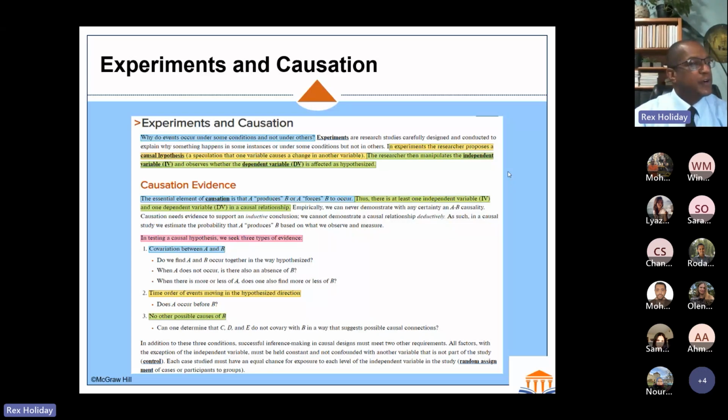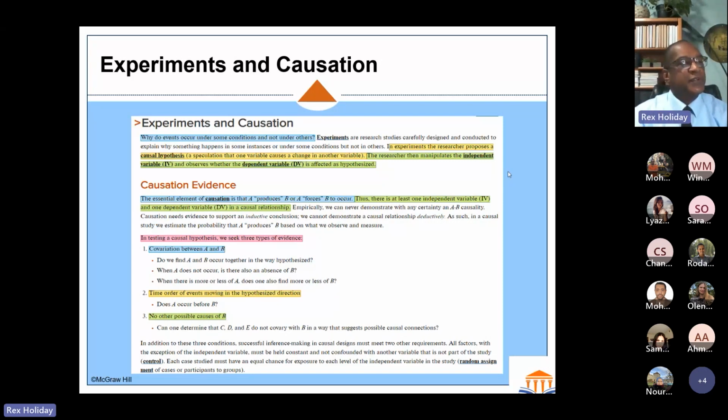So why do events occur under some conditions and not under others? Experiments are research studies carefully designed and conducted to explain why something happens in some instances or under some conditions, but not in others.